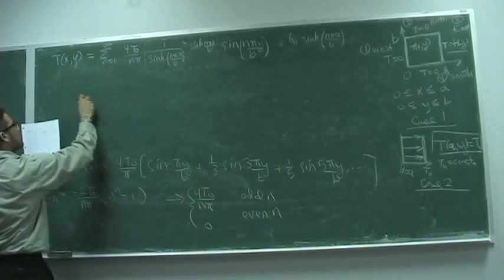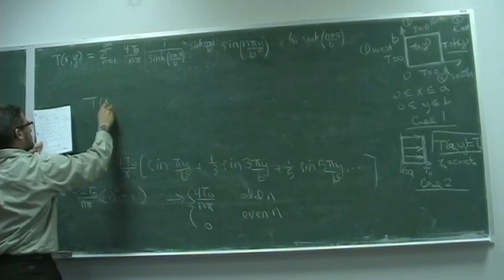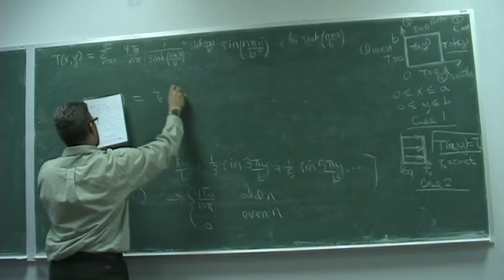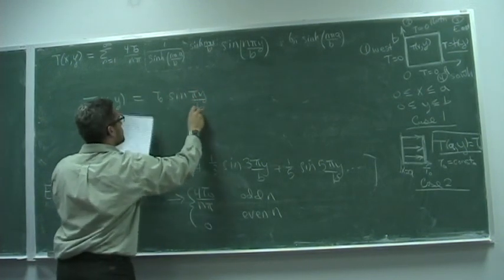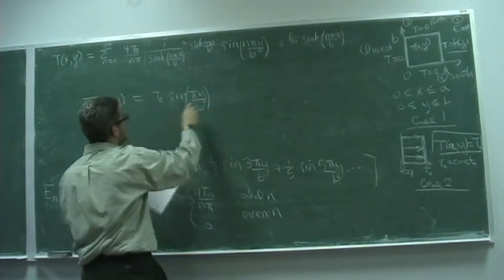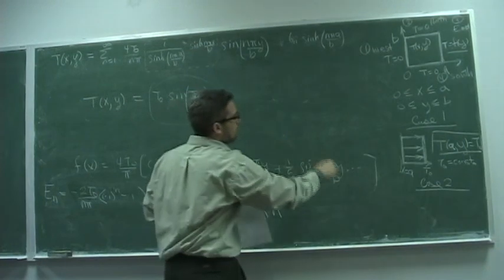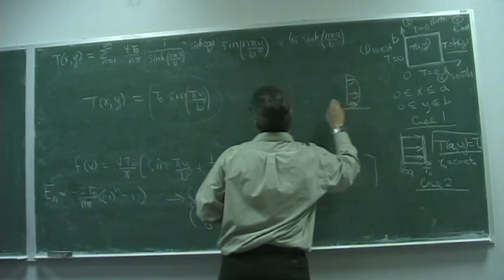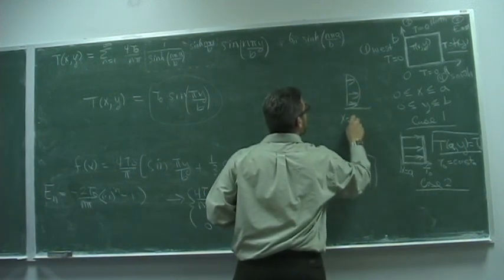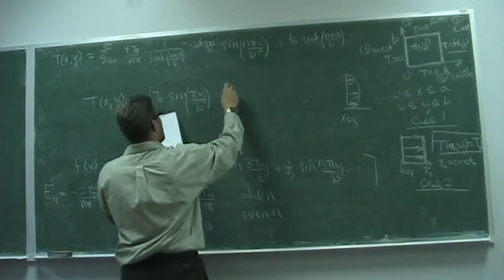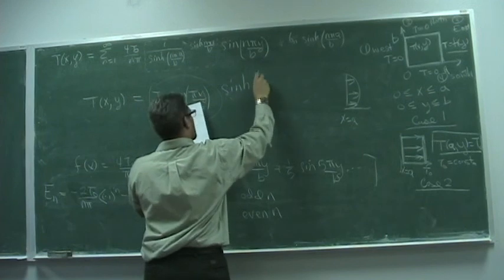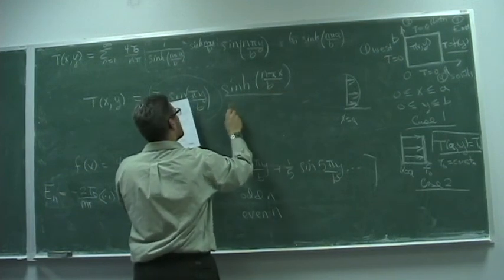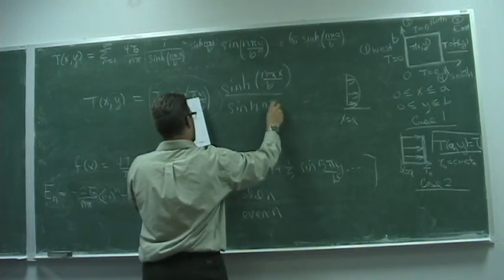So our actual solution is going to be T of x comma y equals T0 sine pi y over b, which is the first term of our Fourier expansion, because this term very well matches our parabolic distribution for temperature, times sine hyperbolic n pi x over b over sine hyperbolic n pi a over b.